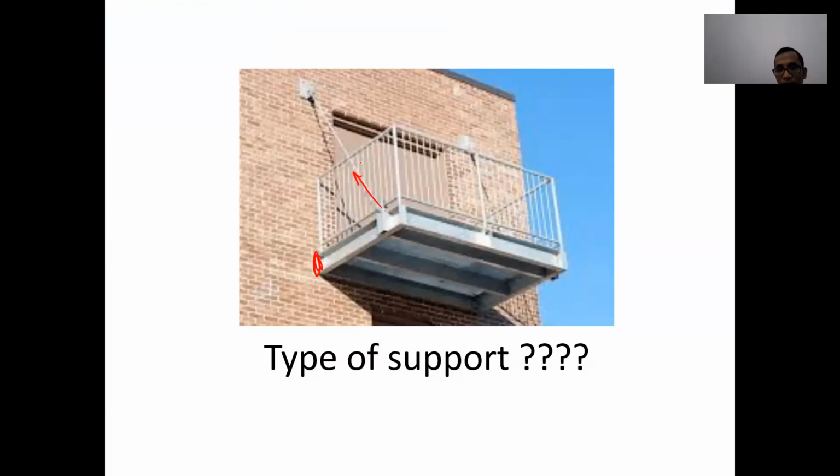So if we want to draw the reaction force happening at the balcony there, basically it's just a fixed support at one end, and then a cable at that particular point. Any question about these supports and how to represent the forces?